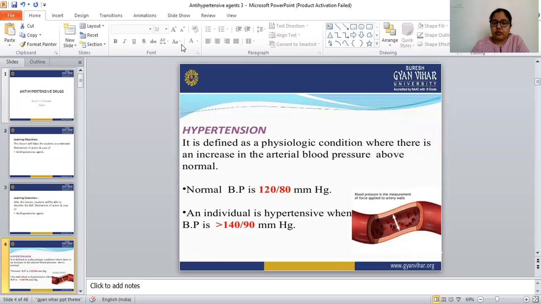When the person has a BP above 140 by 90, he or she is a hypertensive patient. So hypertension means an increase in the arterial blood pressure above normal. The normal range of blood pressure is 120 by 80 mmHg.